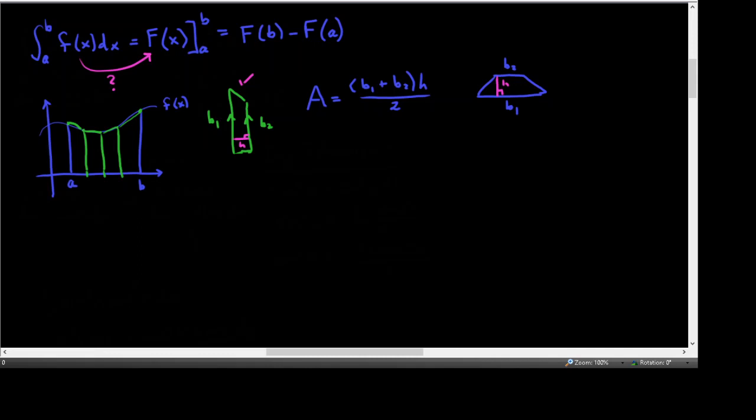And so let's say we were doing the first trapezoid. x sub 0 is another name for a, and we'd call this x sub 1. And of course the base values, the lengths of those bases, is the y value evaluated at each of those x's. So base 1, for example, is f of x sub 1, and base 2 is f of x sub 2.